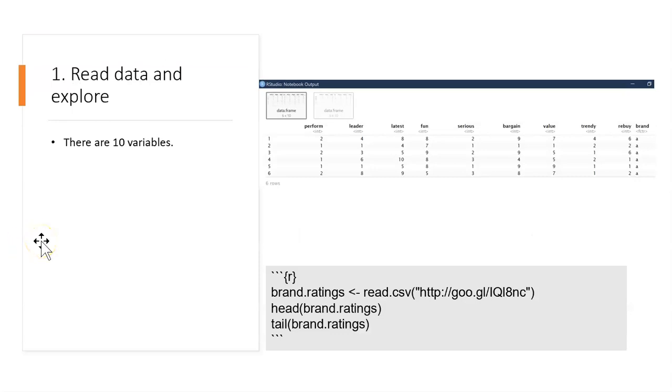So the first thing that you'll do while running this analysis in R using PCA is that you'll read data and explore this. You can read this data, and the head function will give you the first 6 rows and tail will give you the last 6 rows.